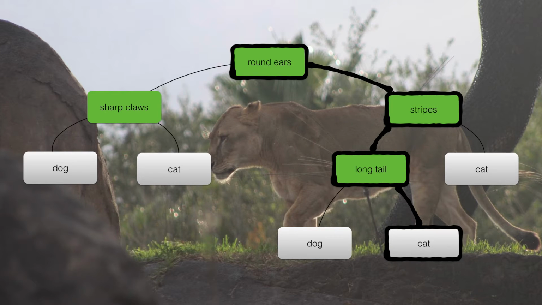At this point, we actually have a different type of node. Whereas the above nodes, which I colored in green, check whether a feature exists in the example, the white nodes here at the bottom, which are the leaves of this decision tree, make a prediction. So at this point, the decision tree will output, oh, this is a cat.